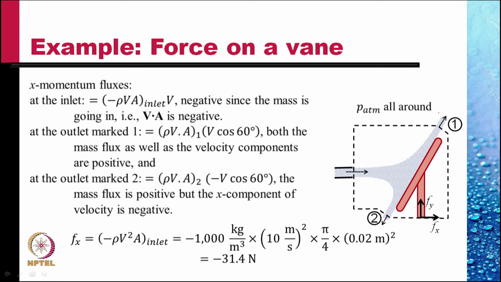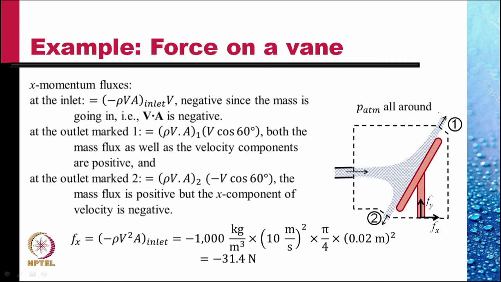You see the efflux at 1 and efflux at 2 cancel one another out if the jet divides equally. So the mass flux at 1 and 2 are the same. The velocities are equal but opposite. So their flux at 1 cancels out their flux at 2.